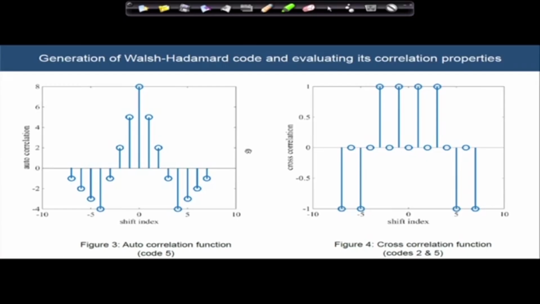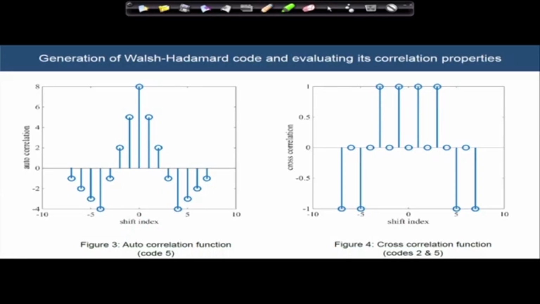Just to summarize, codes with good autocorrelation properties like PN sequences and Barker sequences can be used for synchronization, whereas codes with good cross correlation properties, like in this particular case, can be used in order to discriminate between multiple users in a spread spectrum communication system.